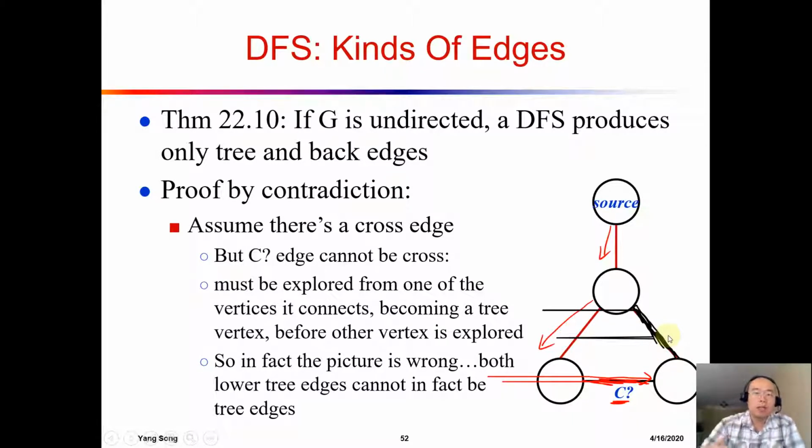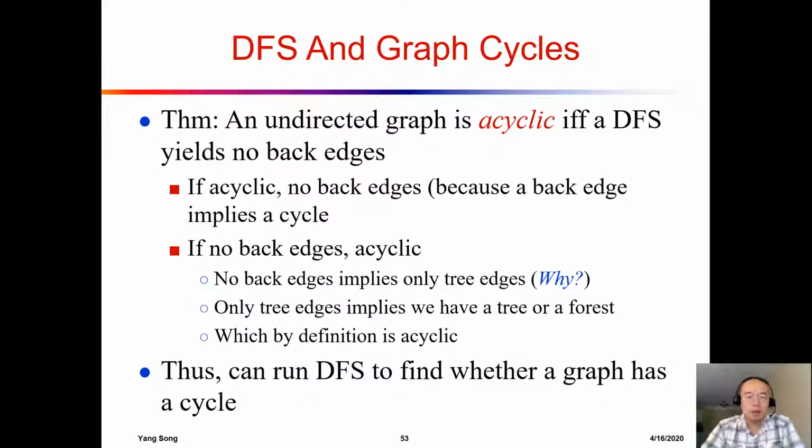So this proves Theorem 20.10, saying that if we are running the DFS on an undirected graph, we will end up with only tree edges and back edges. Okay, and another definition: for an undirected graph, we call it acyclic if a DFS uses no back edges.